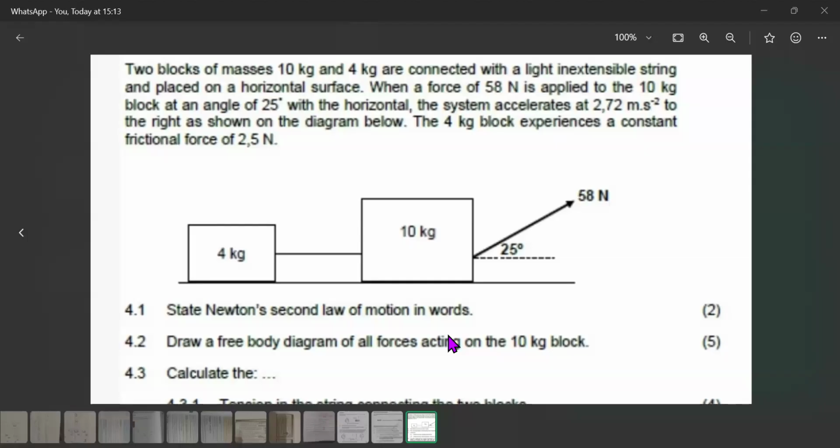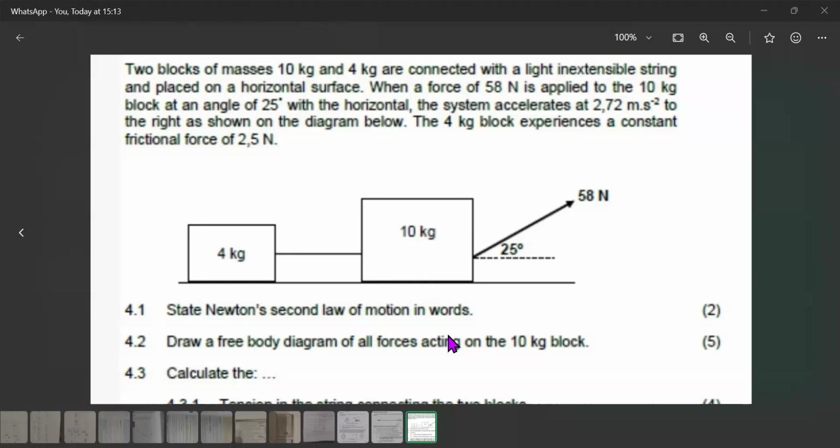So here they say to us, two blocks having masses of 10 kg and 4 kg are connected together by means of a light inextensible string, and they are placed on a horizontal surface.